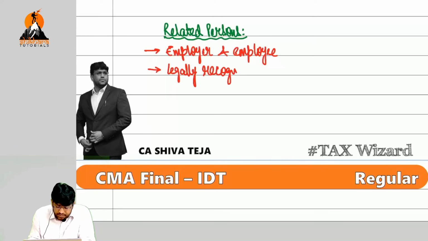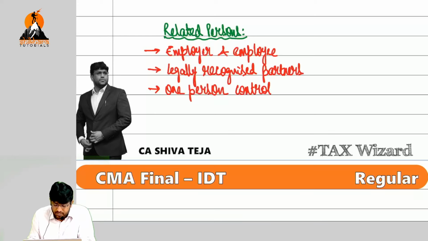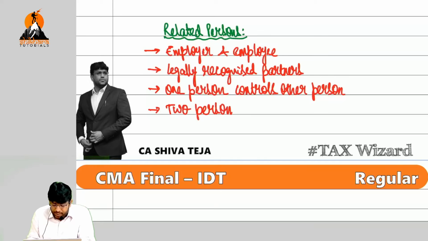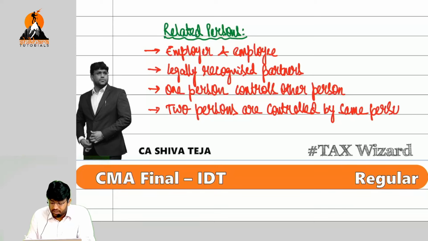Number two, legally recognized partners. One person controls other person. Two persons are controlled by same person.